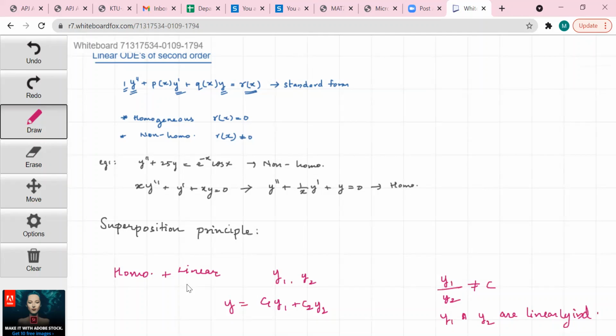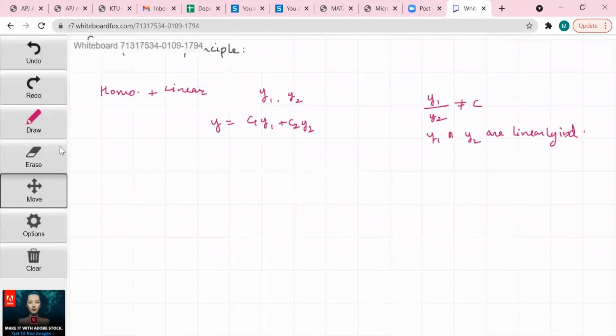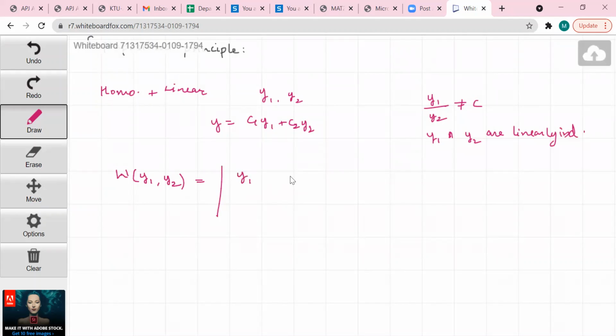Now we have another method to check whether two solutions are linearly independent, that is using the Wronskian. So I'll define what we mean by Wronskian. Suppose you have the solutions y1, y2. In order to check whether they are linearly independent, the Wronskian is given by the determinant of y1, y2, y1 dash, y2 dash, the derivatives.